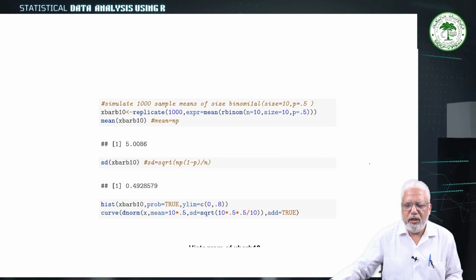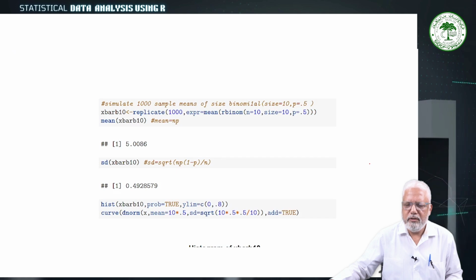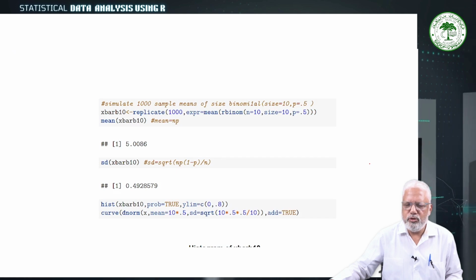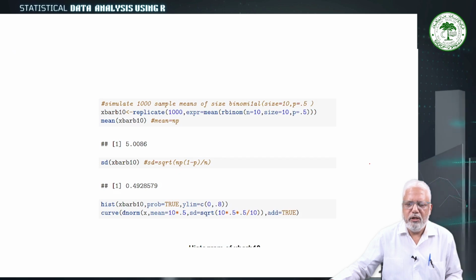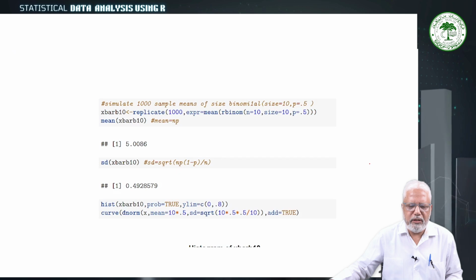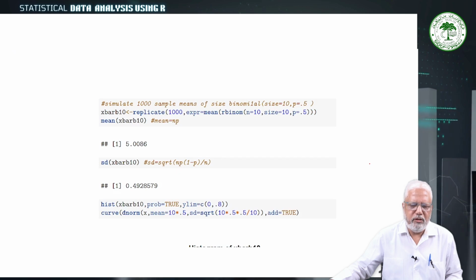So, it will take a random sample of size 10 from the binomial distribution every time and compute its mean, and this process will be repeated 1000 times.